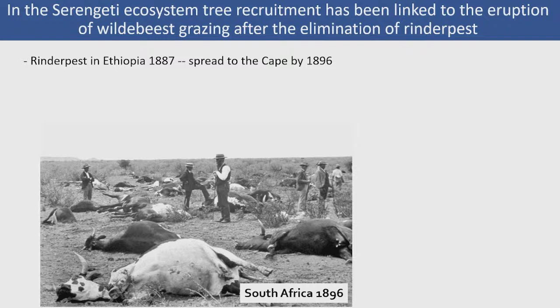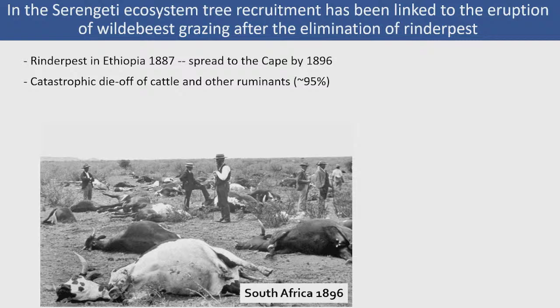In the Serengeti ecosystem in particular, and you heard Craig Packer talk about this story the other day, these changes in woody cover and recruitment have been linked to the rinderpest outbreak that spread from Ethiopia in 1887 to the Cape of the continent in 1896.